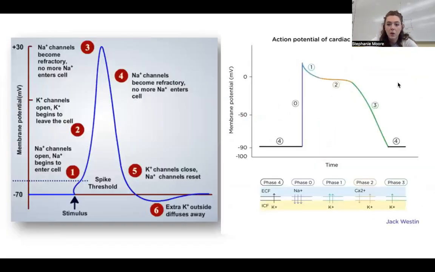Okay. So also, let me move myself over here. We can compare that rapid repolarization of skeletal muscle, repolarization on the back end, to number 3, which is the repolarization after the plateau of cardiac.